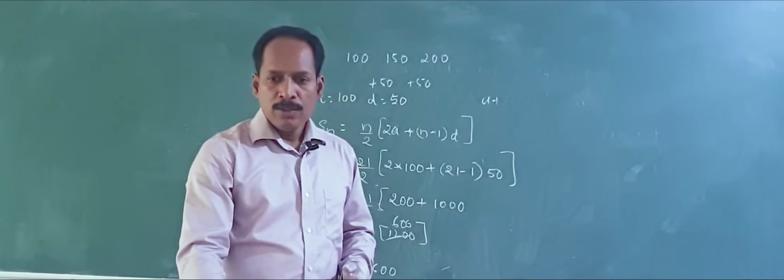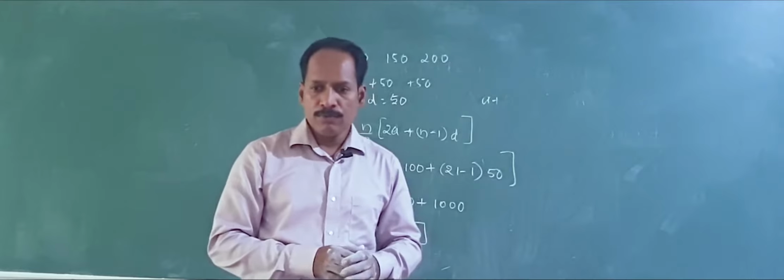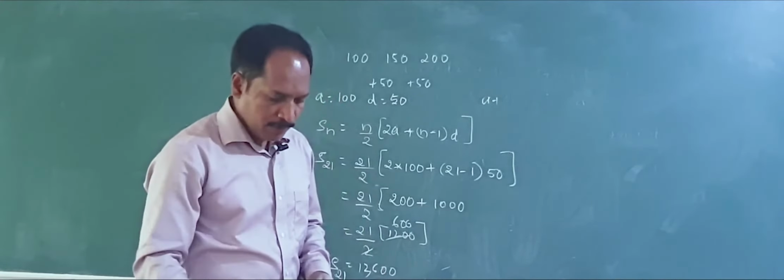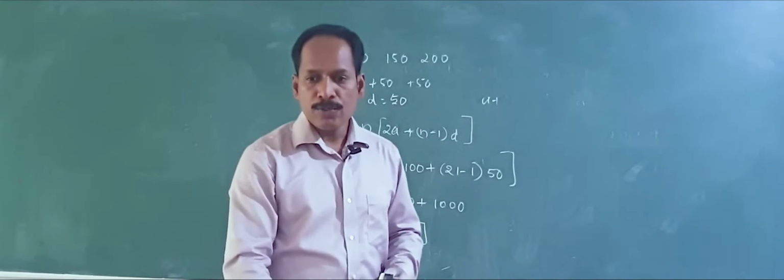The next problem is an interesting one. If the sum of the first 14 terms of an AP is 1050, then what is given? The sum of the first 14 terms is given. Now the question is different. If it is an arithmetic progression, we have the sum of all the 14 terms, which is 1050, correct?